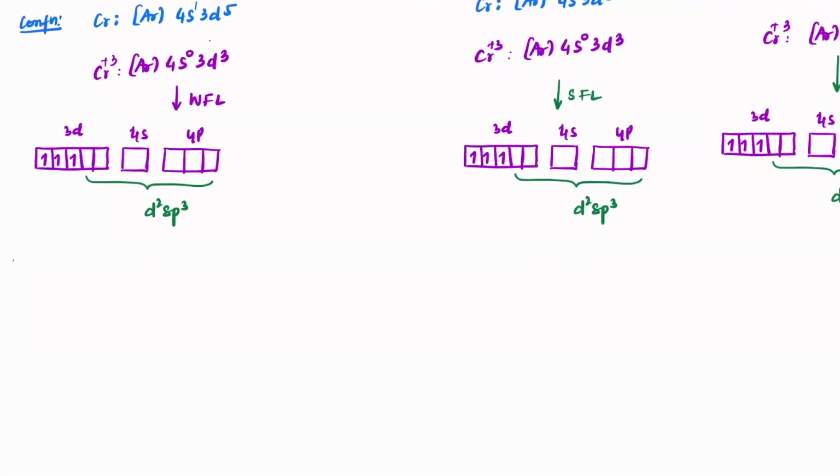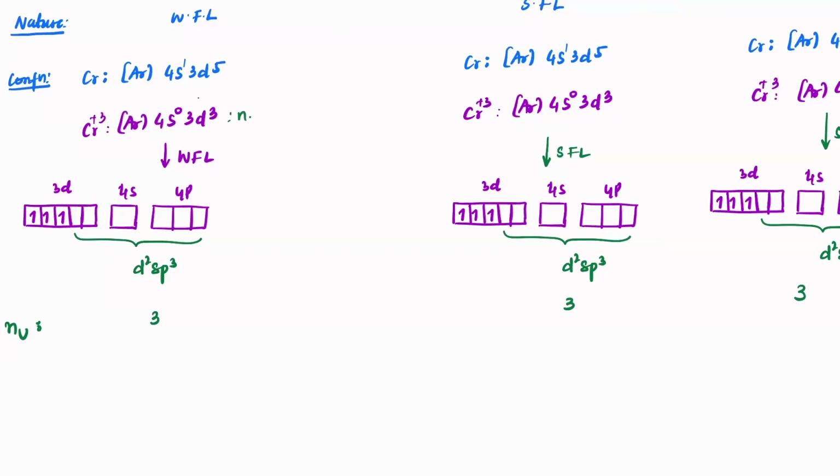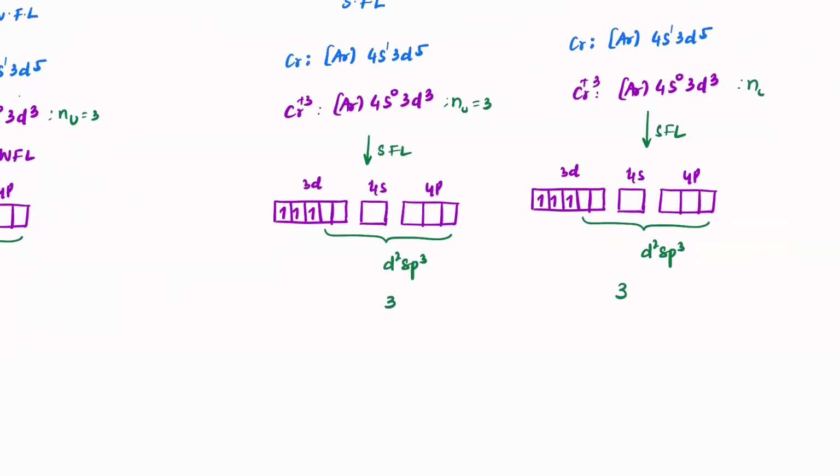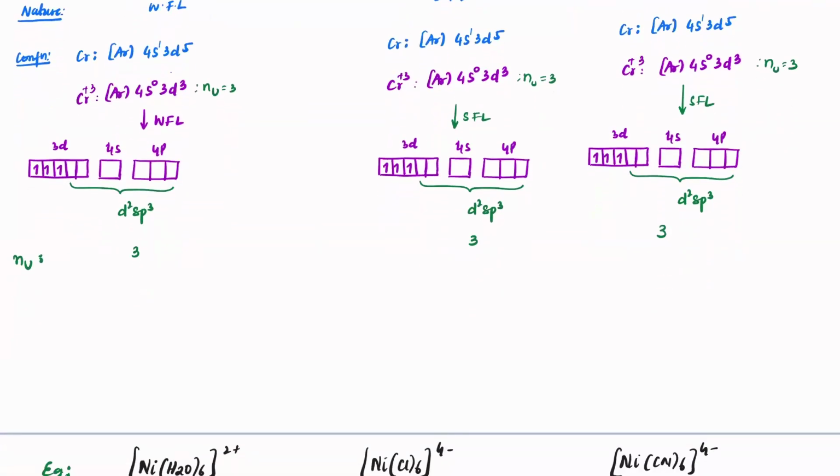So since the number of unpaired electrons is 3 in all the cases, it is 3 here and 3 here. Initially also, when the number of unpaired electrons was checked, it was 3. Here also it is 3 and here also the number of unpaired electrons is 3. Got it? So the number of unpaired electrons is not changing, everybody, right?